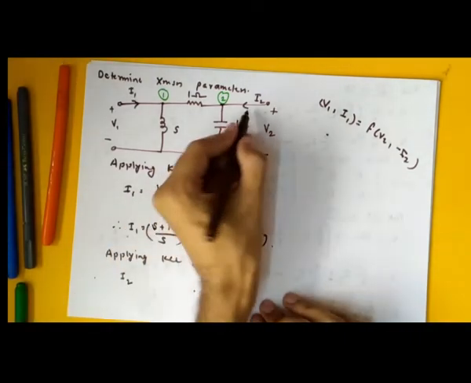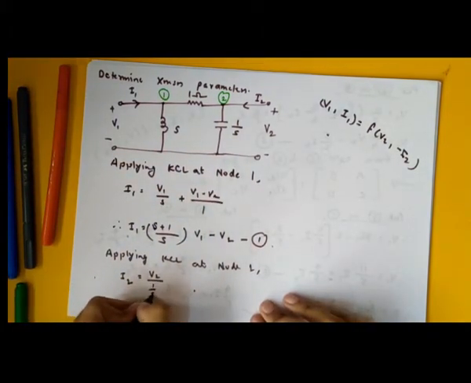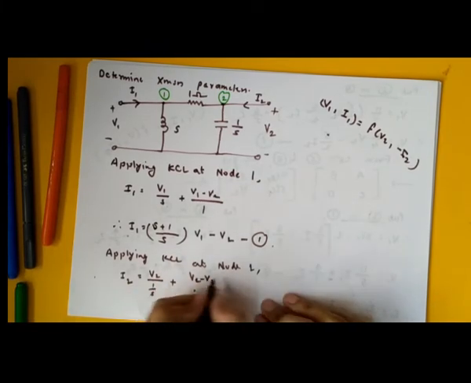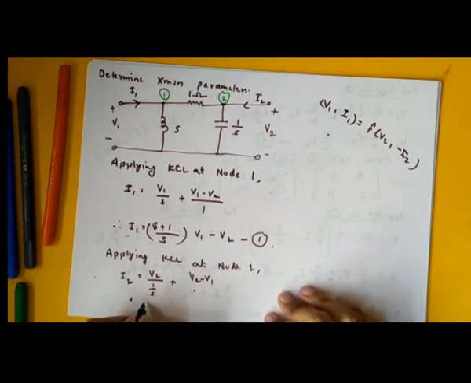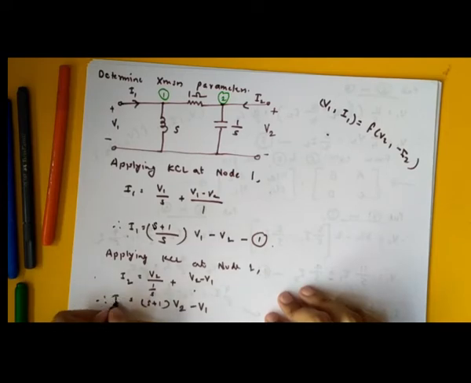Let's consider I2 as incoming. So I2 is V2 upon 1 by S plus (V2 minus V1) upon 1. So this will be SV2 plus V2, so (S plus 1) times V2 minus V1. So this is I2.